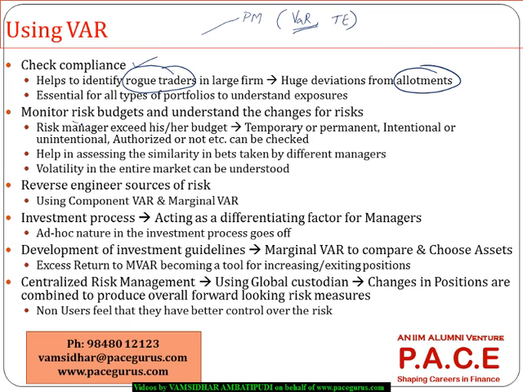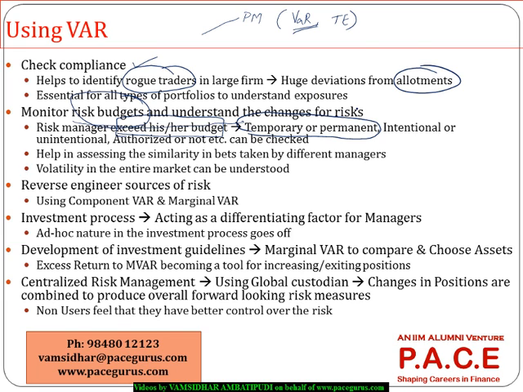Similarly, VAR helps me in monitoring the risk budget. Is every department allotted risk weighted capital quite appropriately? At any point in time, am I able to see that my risk manager is exceeding the risk budget that has been set? And once I know that there is an exceeding, I should know whether it is temporary, just for this day or two, or is it more and more permanent.